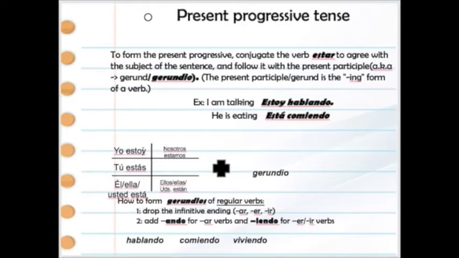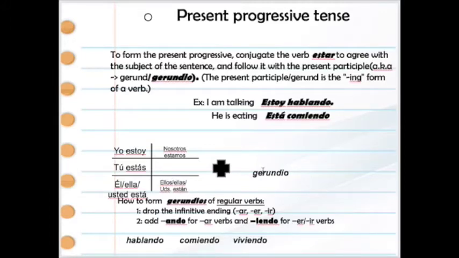So this is what we're talking about. We have the form of estar that agrees with the subject. So si el sujeto es yo, we're going to use estoy. Tú estás. Él, ella, usted está. Remember the accent marks are only in these 3 forms here. Estamos for nosotros. Y finalmente tenemos ellos, ellas, y ustedes están.